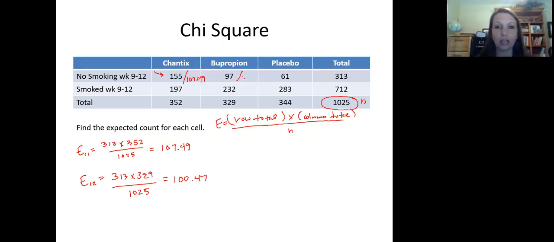That's the expected count for that cell. I would keep doing this for all six main cells that contain observed counts. This is a 2x3 table, so I'd have six expected counts to calculate.